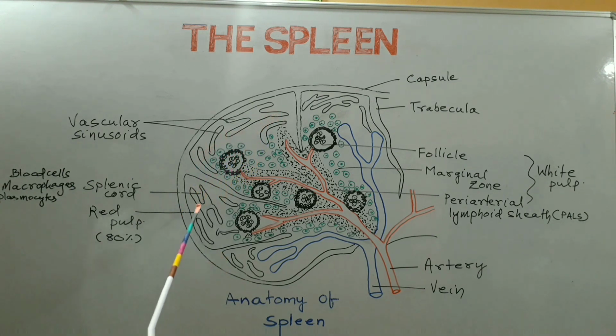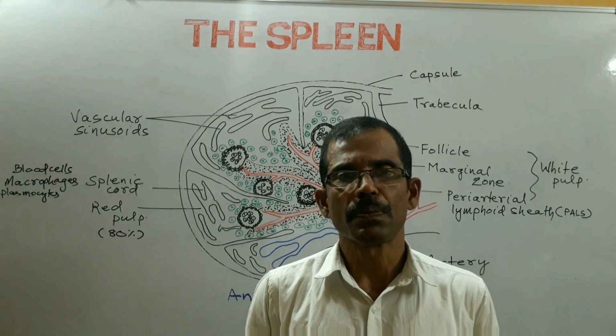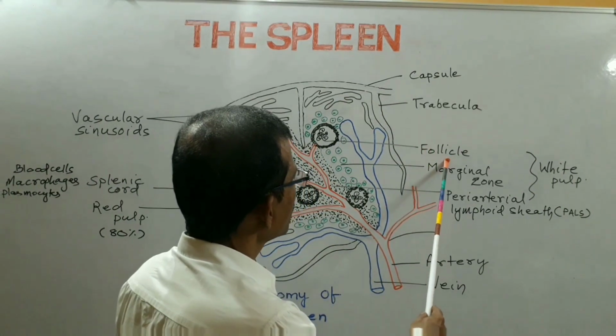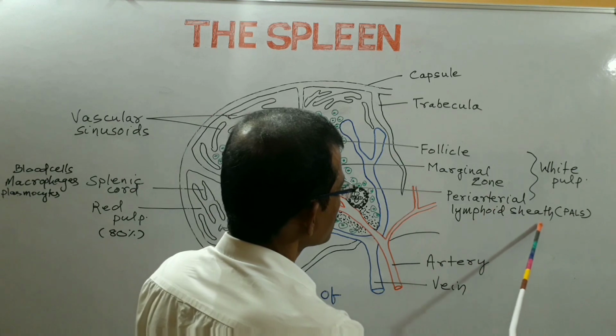So the red pulp acts as a filter for removing toxins from the blood before it enters the systemic circulation. White pulp. The white pulp of the spleen consists of lymphoid follicles, the marginal zone and the periarterial lymphoid sheath.